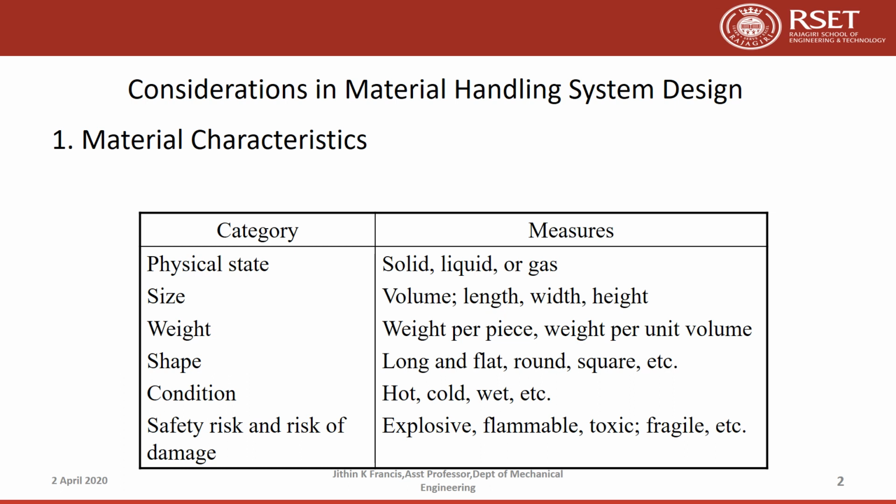Next one is weight, what is the weight per piece or weight per volume. Then shape, whether it is long, flat, round, square, depending upon the geometry. Then condition, whether it is hot, cold or wet, etc. The next category is safety risk and risk of damage, whether it is explosive, flammable, toxic, fragile, etc.